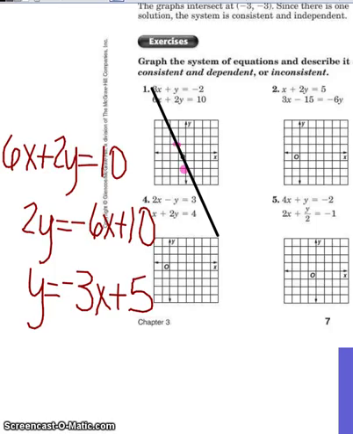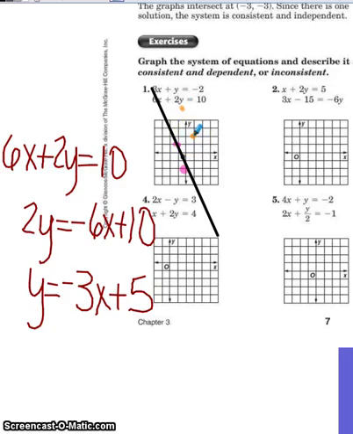I'm going to put it at 5. 1, 2, 3, 4. So my point's going to be about there. And then I'm going to go down 3 and to the left 1. So down 3, 1, 2, 3. To the left one's here.